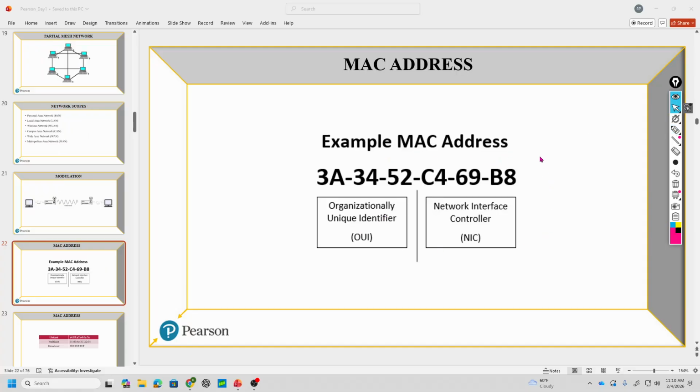Now, a MAC address. Every device has a MAC address. It lives on your NIC card, i.e. network interface card. Sometimes it's called a burned-in address, because it is right in the actual encoding of that NIC card.